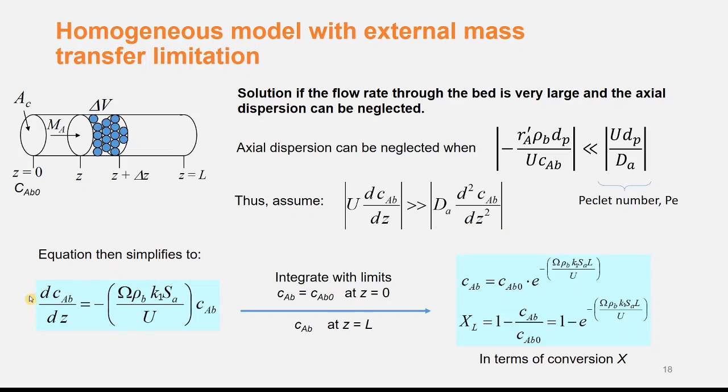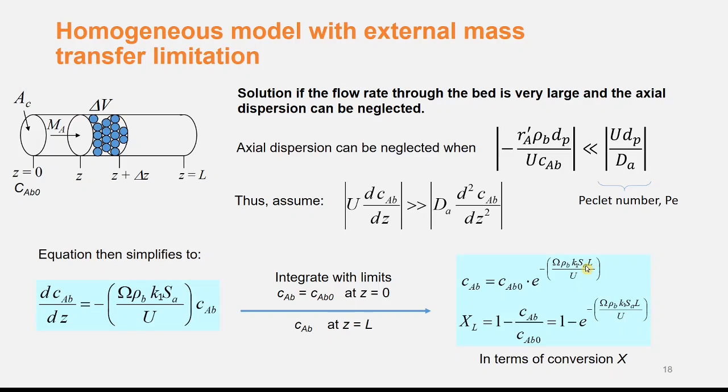This then simplifies our model equation to the following first-order differential equation, which we can easily solve analytically. You can just integrate it using the limits: at Z equals 0, CAB is equal to CAB0, the inlet concentration of A in the bulk phase, and at Z equals L, CAB is equal to CAB. This gives you the simple exponential relationship between outlet concentration and reactor length.